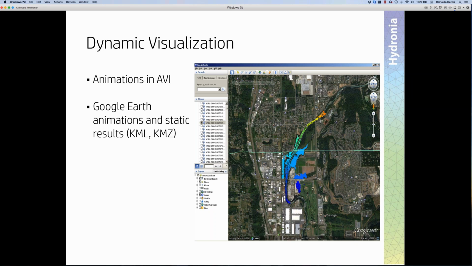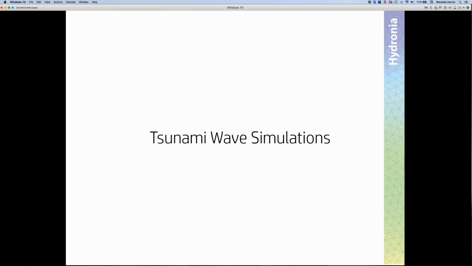But you have ways to generate Google Earth files that can be shared with clients and colleagues. So let me now talk a little bit about some examples that I would like to share with you in regards to applications of the RiverFlow 2D model.